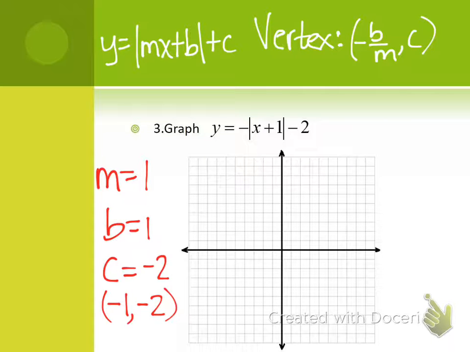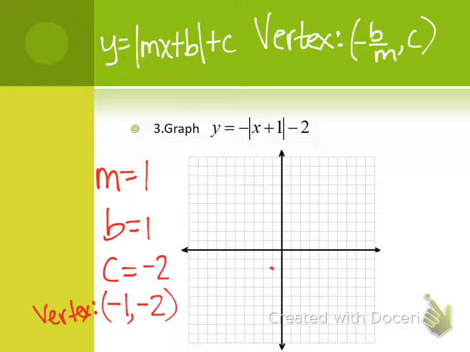So here is our vertex. So B over M is 1 over 1. But our vertex tells us that we then take the opposite of it or make it negative. Okay. So our vertex is going to be -1, -2.